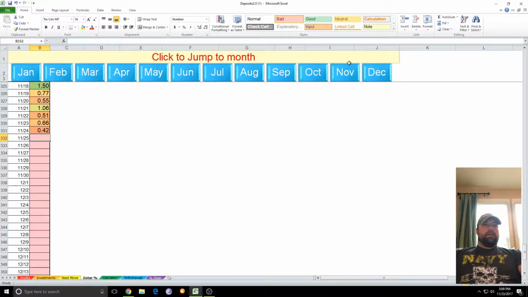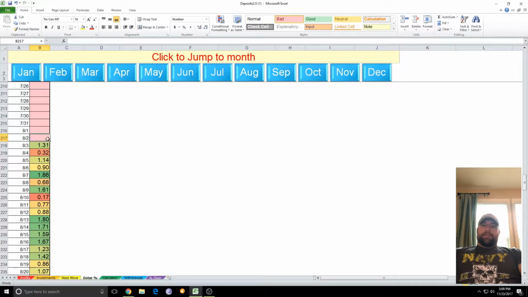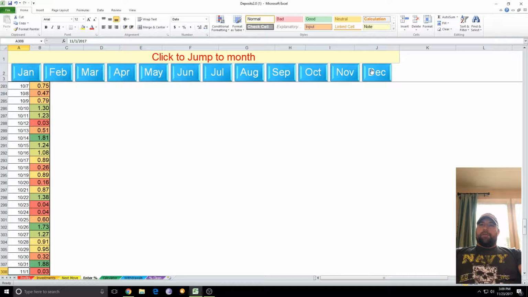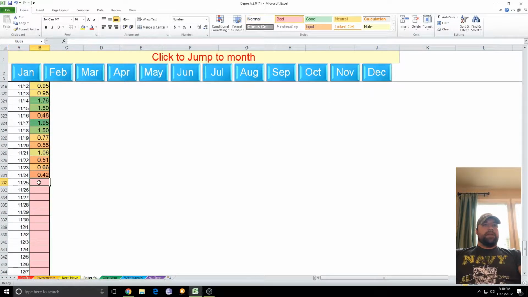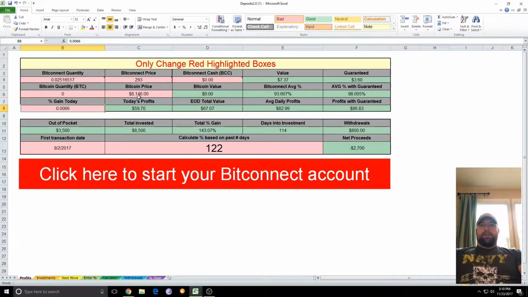You can click on whatever month you want. I was lazy and I didn't fill up past September because this is the actual date that I started, so it doesn't pertain to me, so I didn't do it. But feel free to enter that information in. There's tomorrow's interest rate. I got that from the Bitconnect website. But what that does is it rolls into the profits calculator here, and the average percentage.